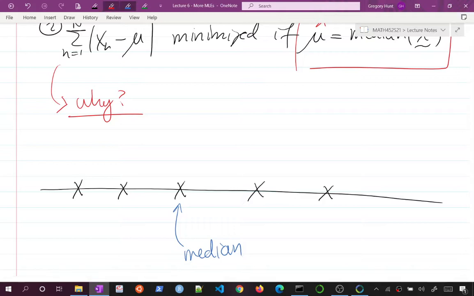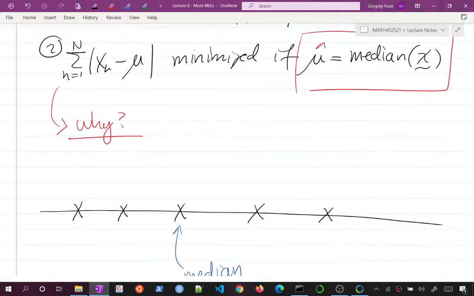And I want to minimize the sum of the distance of xn to mu. So kind of think of this as my mu axis. And what I could imagine doing is I could imagine starting over here somewhere. That's a candidate mu. And I could say, if I put mu there at that red dot, does that minimize the sum of my squares?